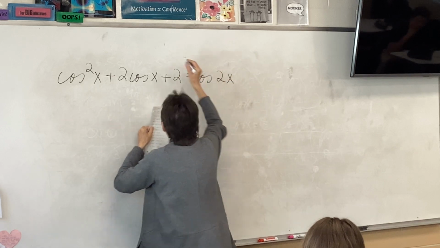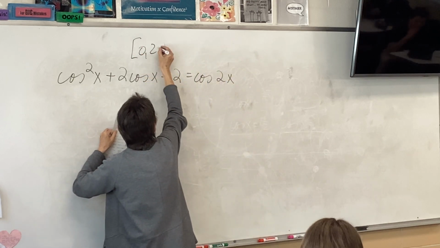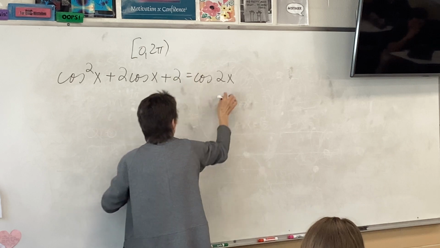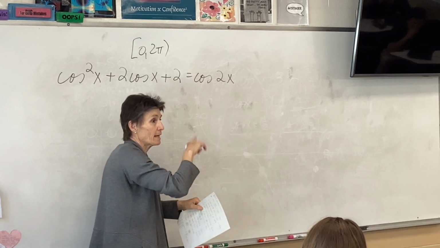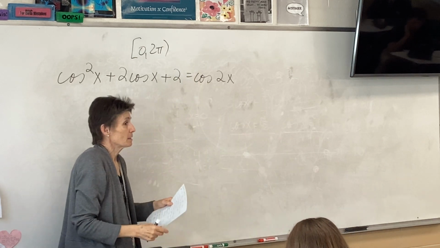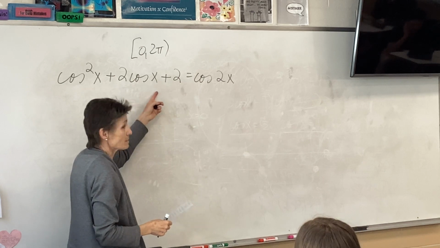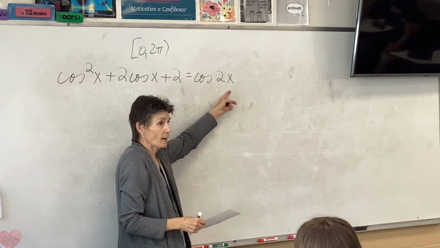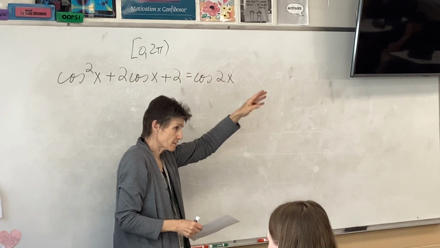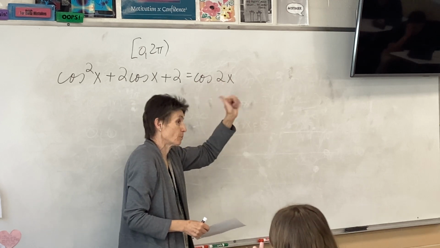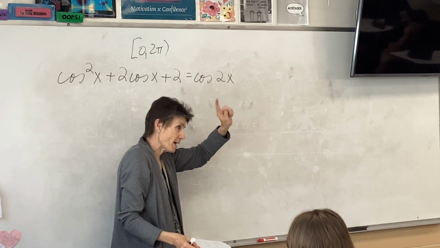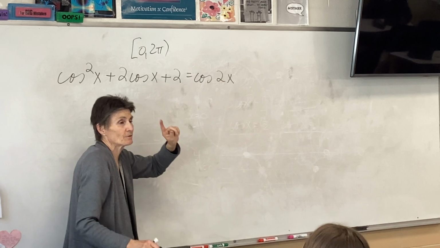Why is it problematic? Cosine 2x. You cannot do a problem when you have x's and 2x's. If they're all x's, great. If they're all 2x's, great. But you can't mix and match. So what are we going to have to do?